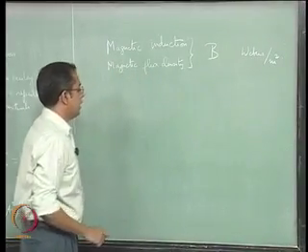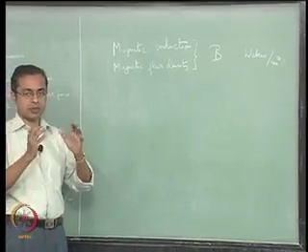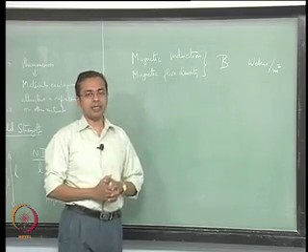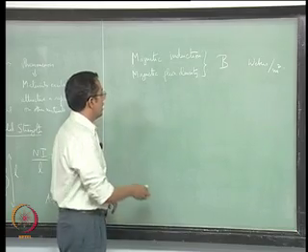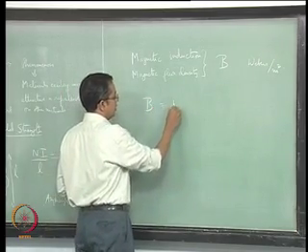And it is related to H. So the H is the field that you are imposing based on the current that is going through the coil, and B is the field that is getting induced inside the sample as a result of the interaction of that sample with this H field, and it is related to the H field by this equation, B equals mu H.